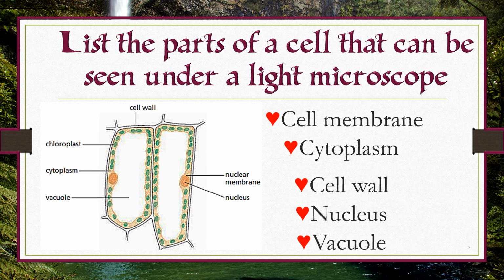We have the cell membrane, cytoplasm, cell wall, nucleus, and vacuole. Those are the parts of the cell that can be seen under a light microscope.